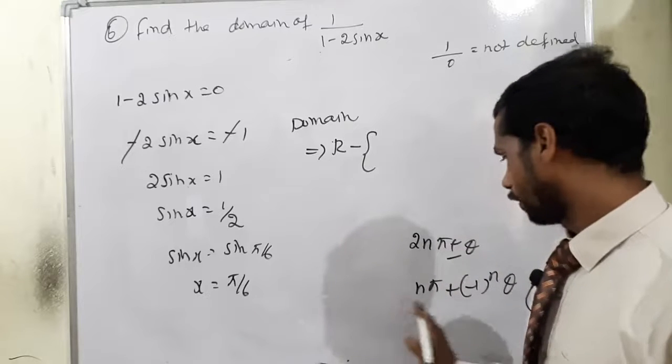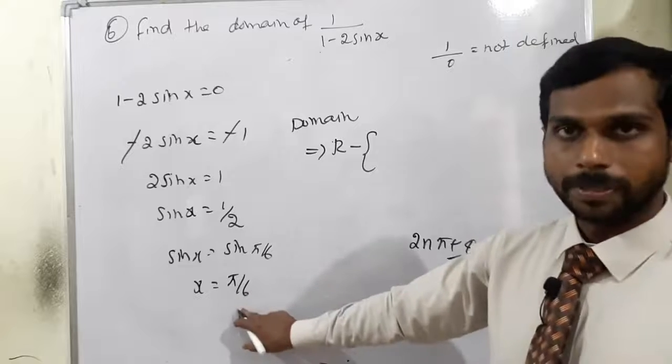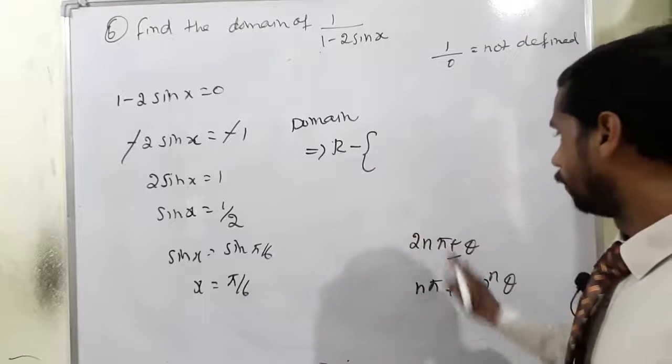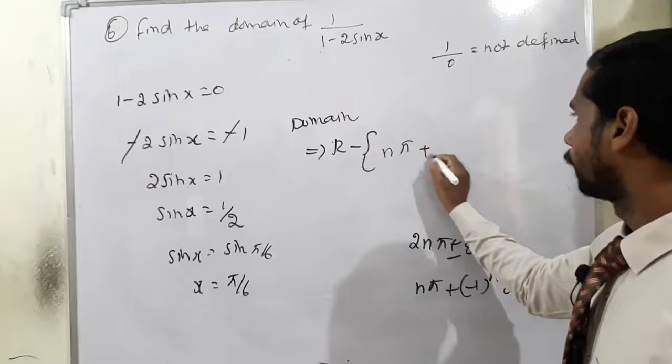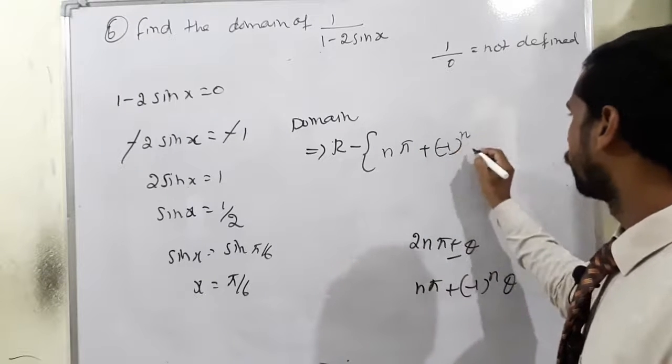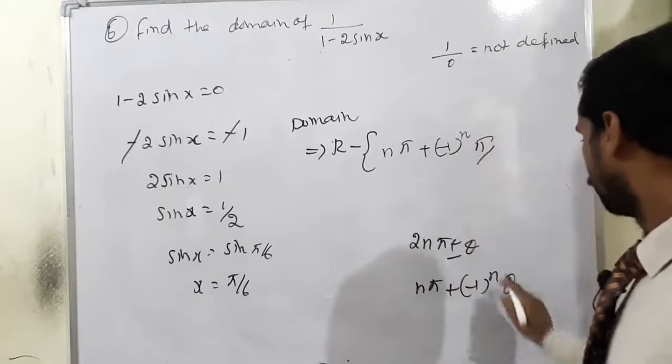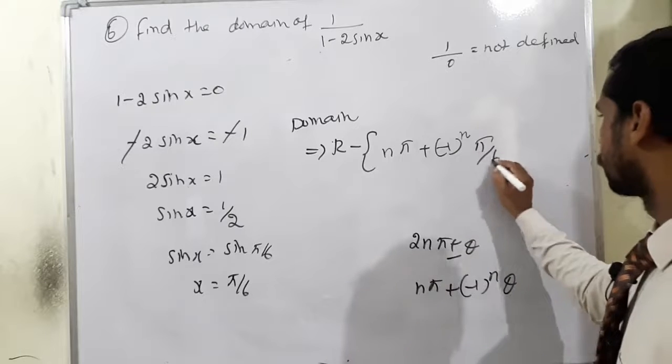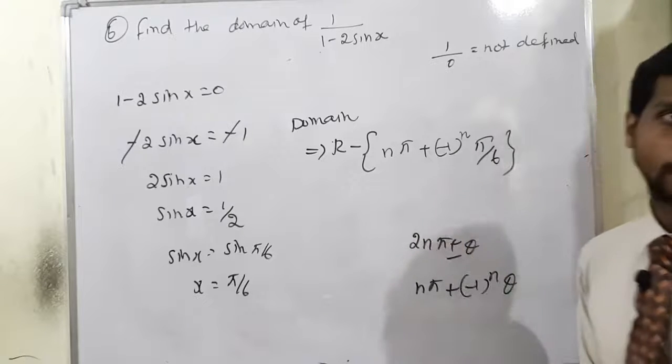Instead of theta, the angle value is pi by 6. Therefore all real values are possible except n pi plus minus 1 the whole power n into pi by 6. So accept this answer. Okay, I will continue with the next question.